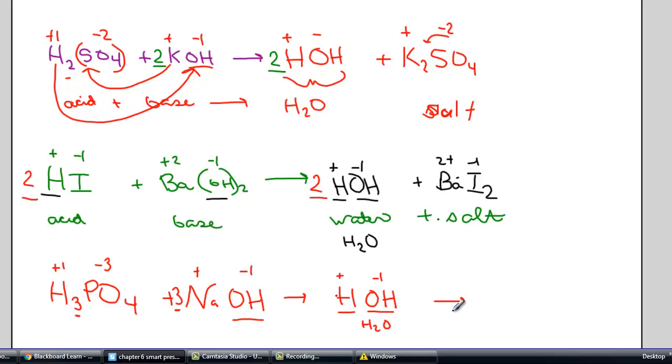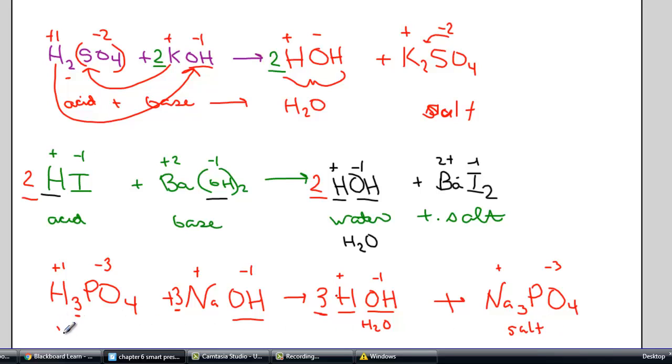And I can easily see that the OH, all 3 of them, were necessary to balance the 3 protons on that triprotic acid. So we'll end up making 3 waters. And the salt would be sodium, who's a +1. The last name is the polyatomic ion called phosphate, PO4 -3. So we get Na3PO4. Our salt is called sodium phosphate.